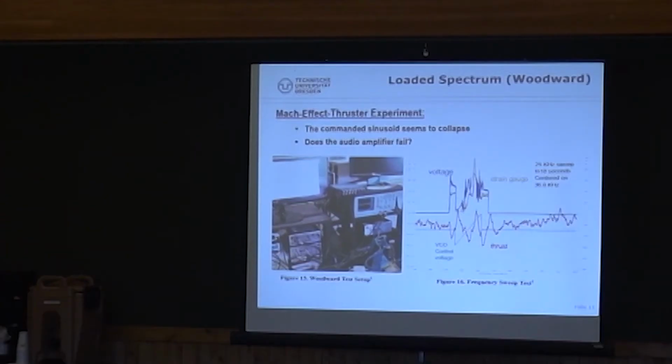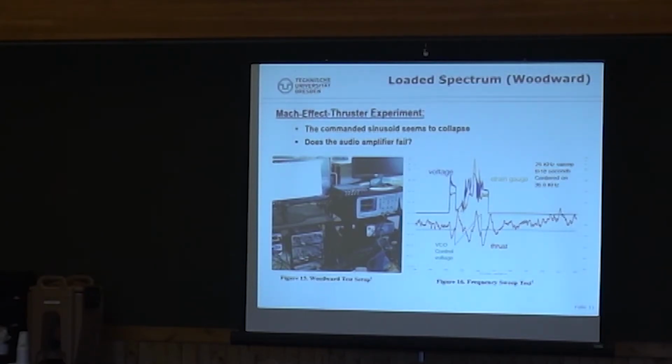This is the way Professor Woodward does his experiment, and we have seen this thrust sweep yesterday, where he does a frequency sweep. This is the voltage of the frequency generator, so we don't really know what the frequency is unless we know what the center frequency is.